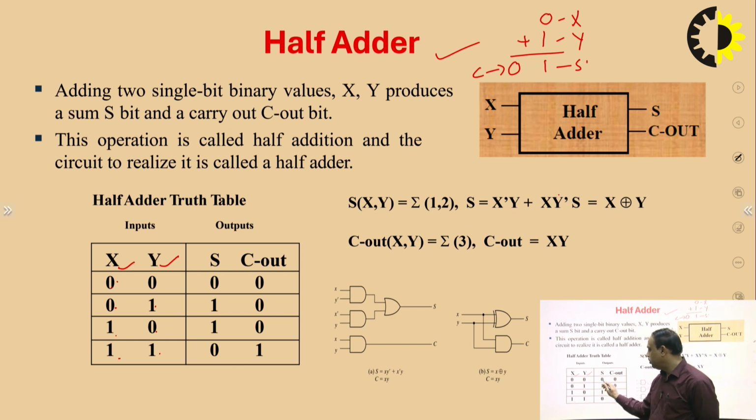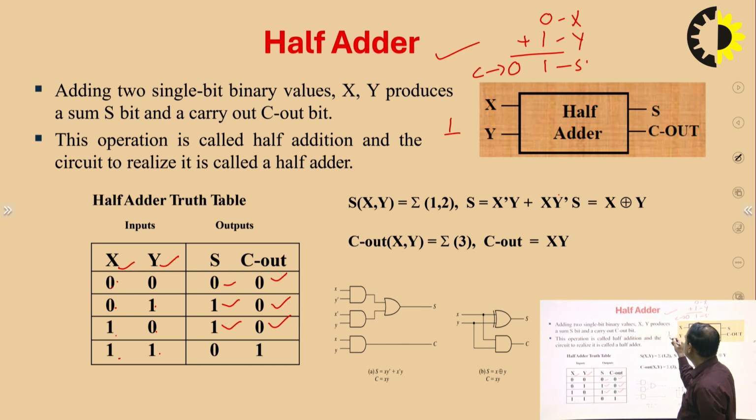For 0 0 sum is 0 and carry out is 0. For 0 1 sum is 1 but carry is again 0. For 1 0 again sum is 1 and carry is 0. For 1 and 1, 1 plus 1 gives sum 0 and carry 1, as we can see over here. So we have two output functions, S and C out.